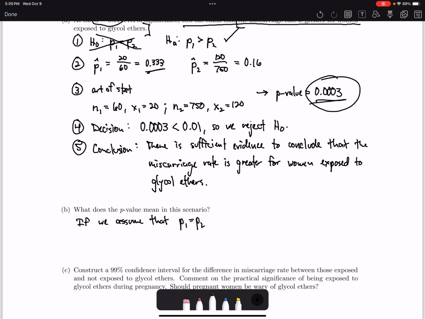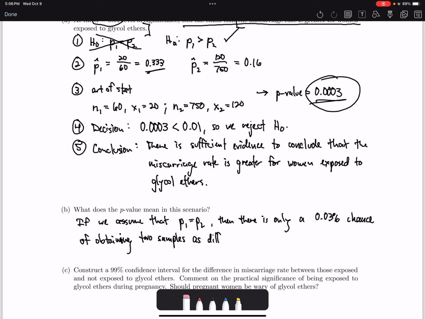If we assume that the null hypothesis is true, then there is only a 0.03% chance of obtaining two sample proportions as different as the ones we obtained.